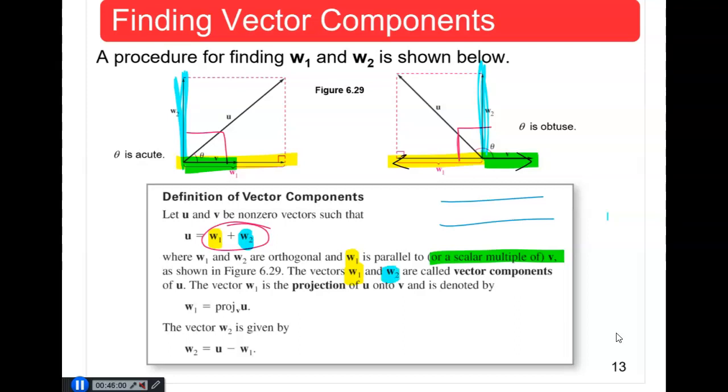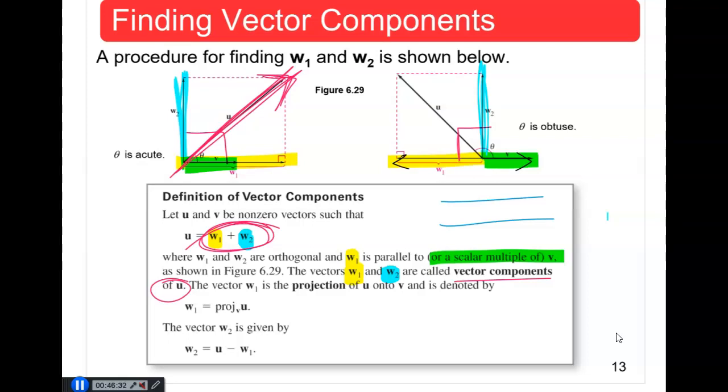They're going to be the vector components of our original vector u, which is the one that we're going to break into two vectors. So we are going to be given vector u and vector v, and then from there we will find w sub 1 and w sub 2.